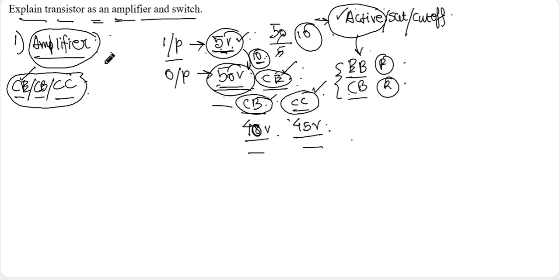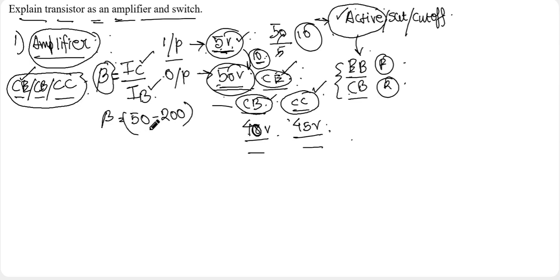And we know in CE mode, the current amplification factor is given by beta, which is equal to IC divided by IB. This is the collector current, this is the base current, and this is the current amplification factor. This current amplification factor varies from 50 to 200. So this will give us a faithful amplification.